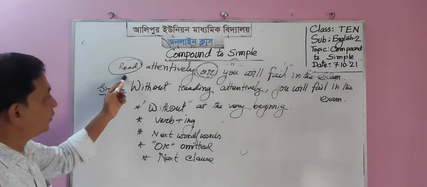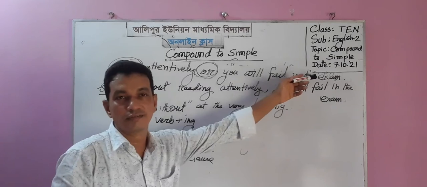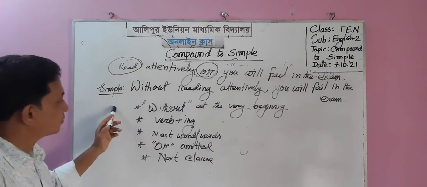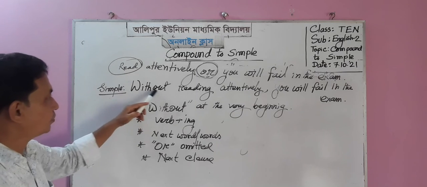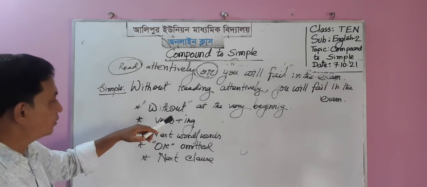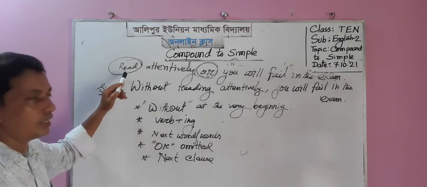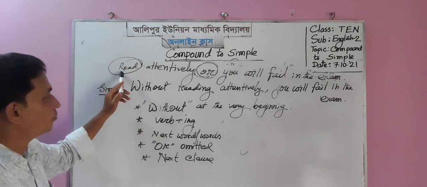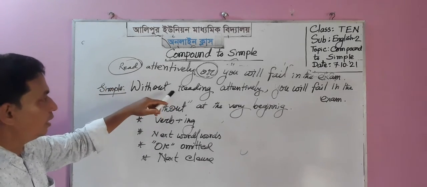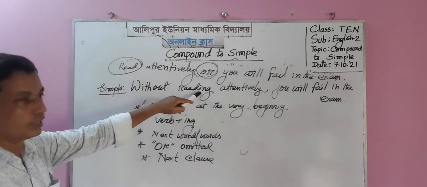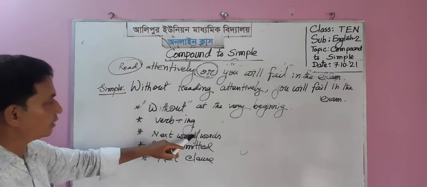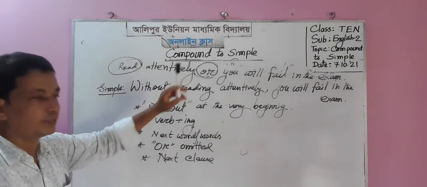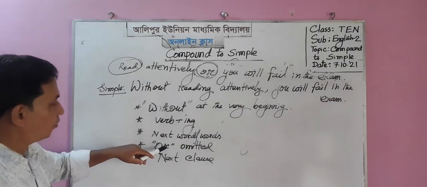Read attentively or you will fail in the exam. In this case, we may write "without" at the very beginning of the sentence, and after "without", we add verb plus ing. The main verb is read, and we add ing after the verb: reading. Without reading, and the next word is attentively, and after that "or" is omitted.